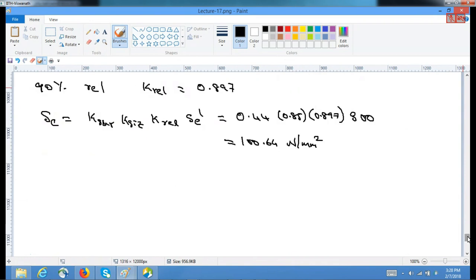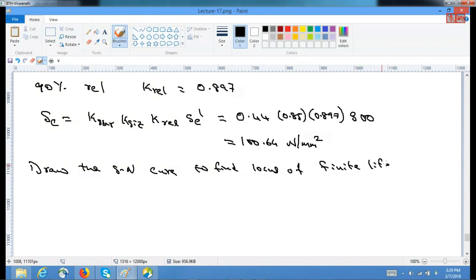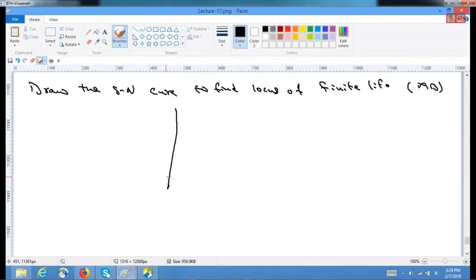Now, once this is there, then we will draw the SN curve to find the locus of finite life. That is, we need to draw the AB line. For that, we construct this axis as log 10 SF, and this one is log 10 of n.